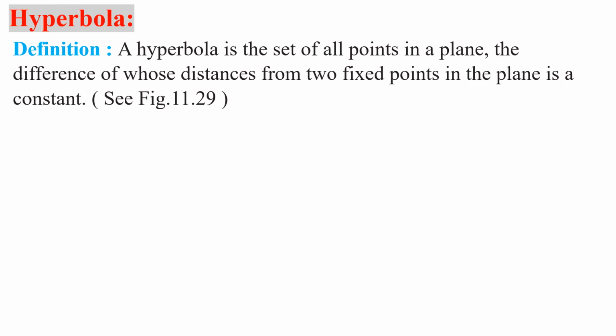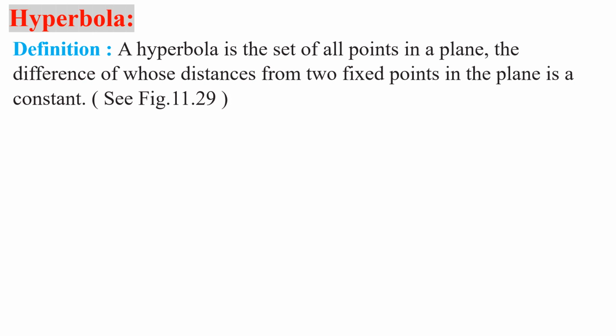11.29. Okay, my children. In the previous class, we have discussed ellipse. Do you remember the definition of an ellipse, my children? Yes, an ellipse is the set of all points in a plane, the sum of whose distances from two fixed points in the plane is a constant.